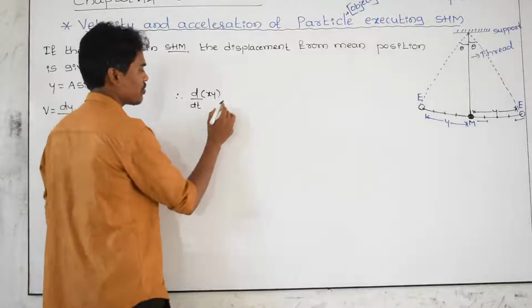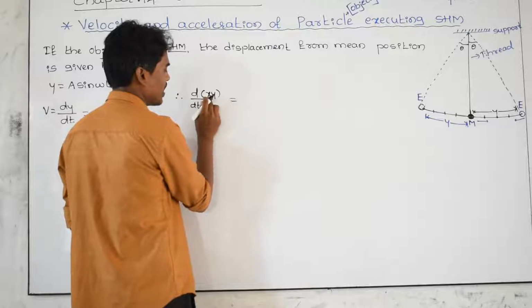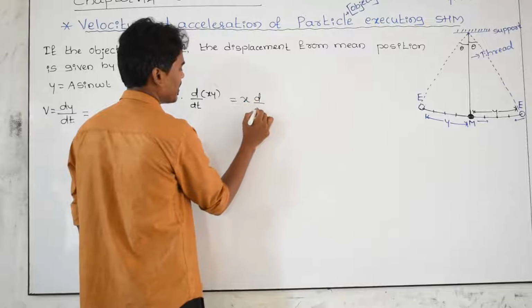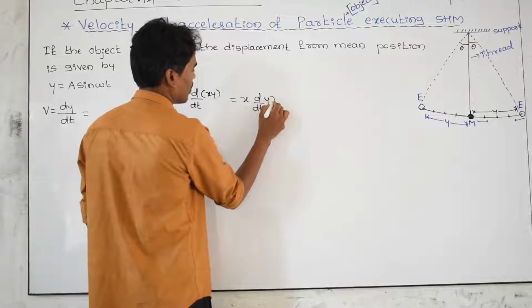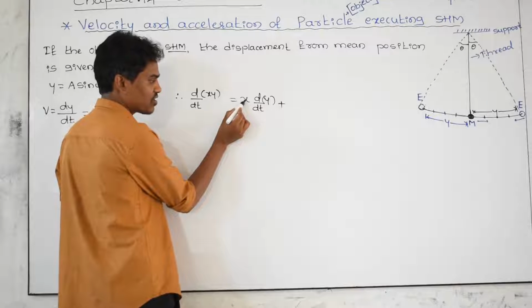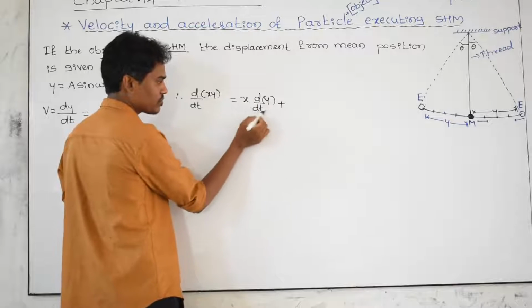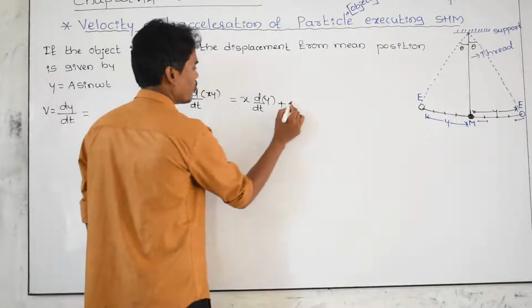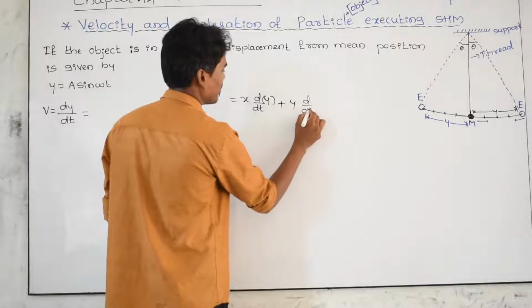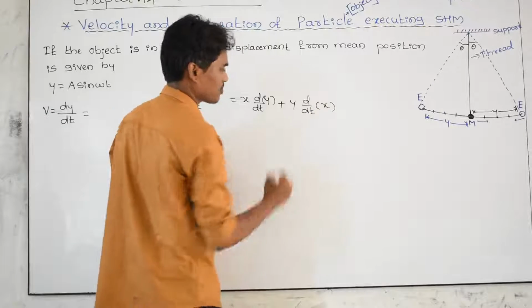What is the general formula? First keep x as it is and differentiate y, that is x times d by dt of y, then plus, keep y constant and differentiate x, that is y times d by dt of x.